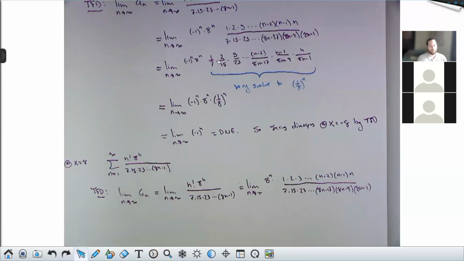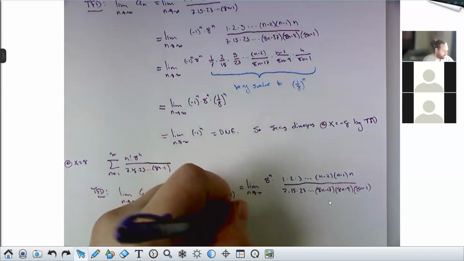And then thinking as we did here, this product is basically 1/8 to the n, or the word is asymptotically. As n gets larger and larger, the ratio between this thing and 1/8 to the n would go to 1, because each of these terms goes to 1/8, and there are n terms.